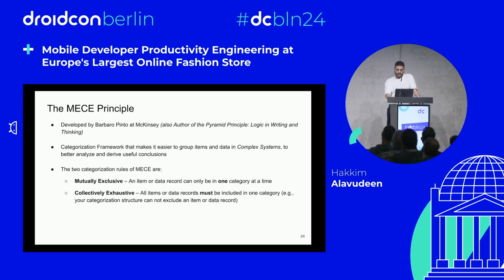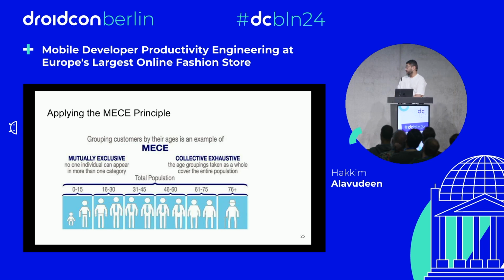And the second rule is that the categories should be collectively exhaustive, which means that all the space of the items or the data records must fall within one of these buckets. So a good example of applying the principle is to group customers by their age. And you can see that a customer has to fall into one of these age brackets, right? But collectively, the age brackets are exhaustive.